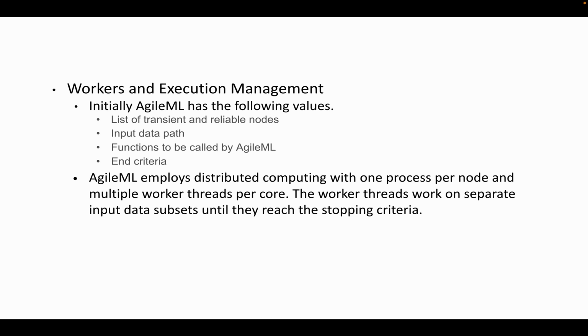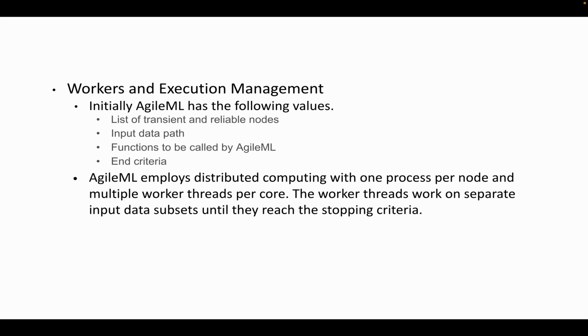If we move to the next slide, the workers and execution management in AgileML. This slide gives a higher-level overview of the execution flow of AgileML. Initially the ML application provides the list of transient and reliable nodes. It also provides the input data file path, which can be partitioned among workers, and this partition can be even or skewed based on the requirement.